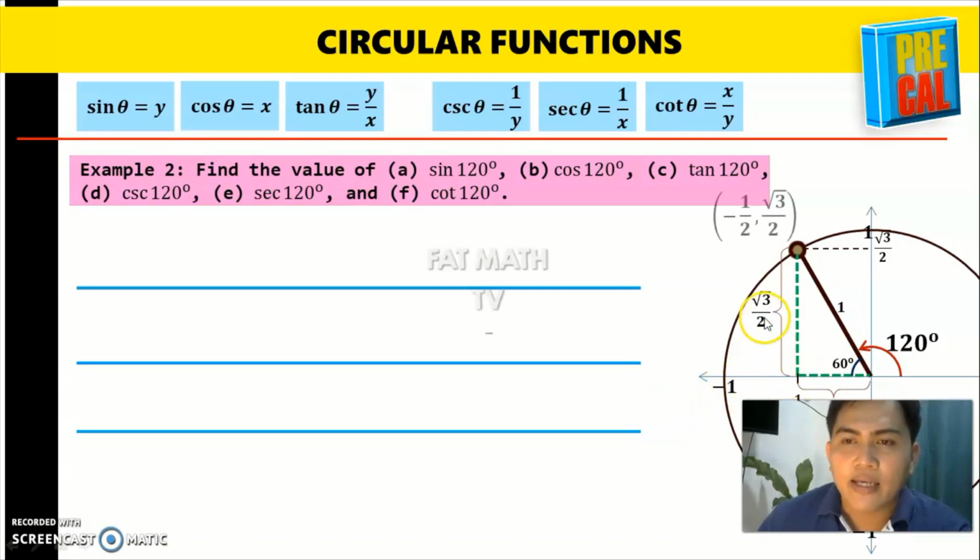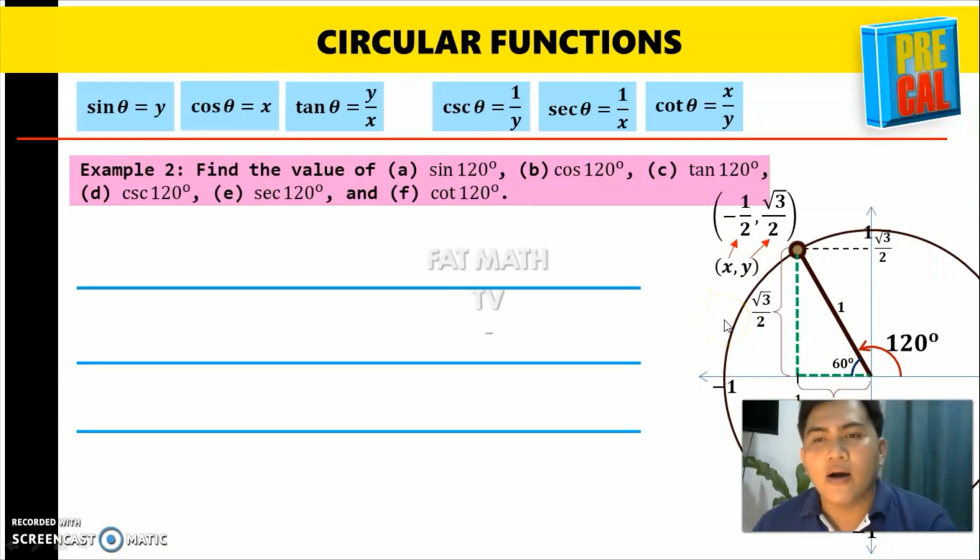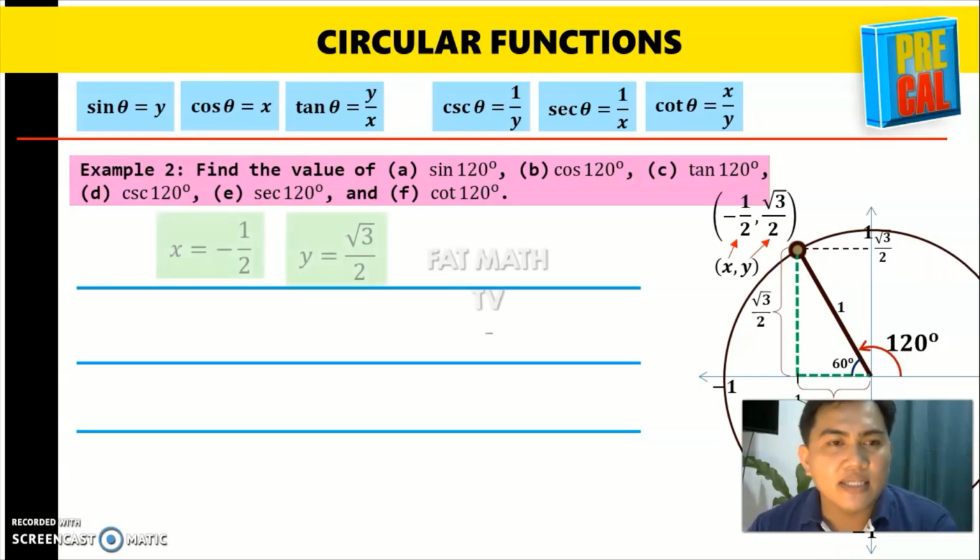So our x here is negative 1/2, and our y is square root of 3 over 2. Since we already know our x and y, we can already identify the 6 trigonometric functions of 120 degrees.